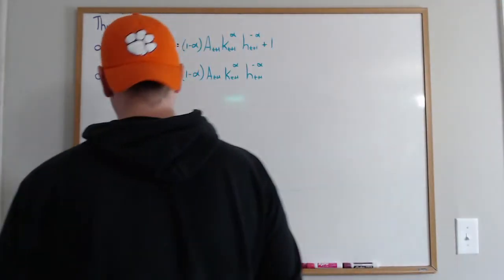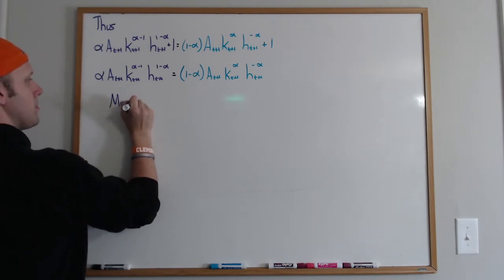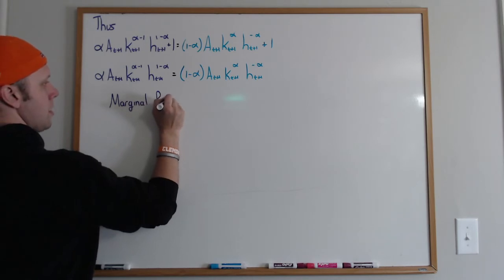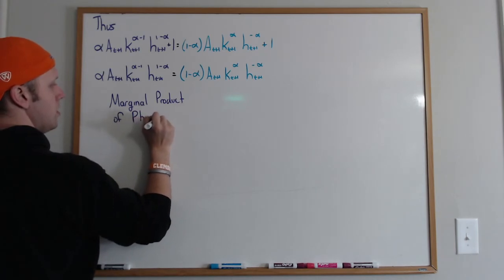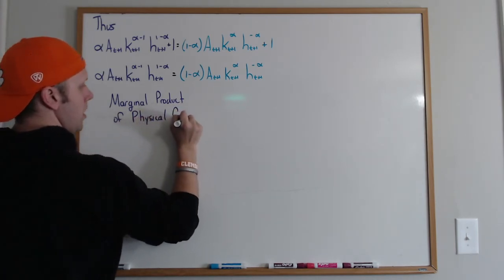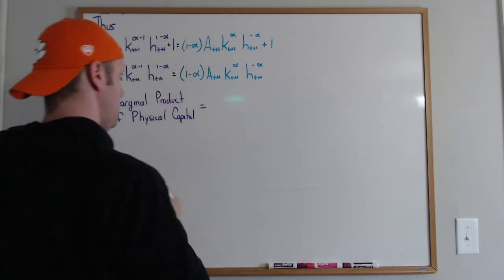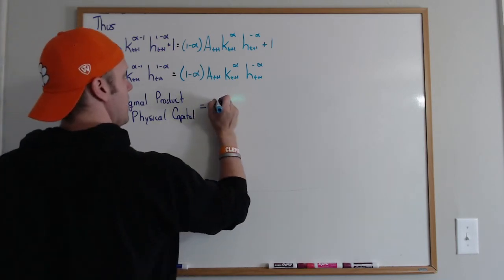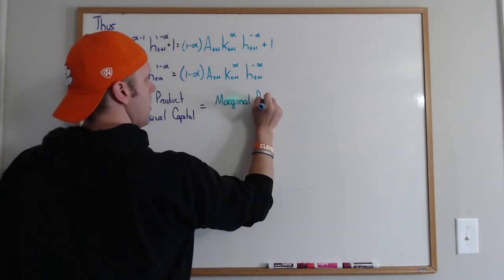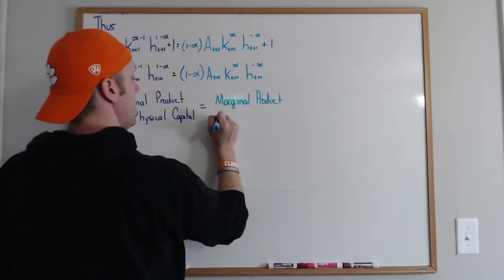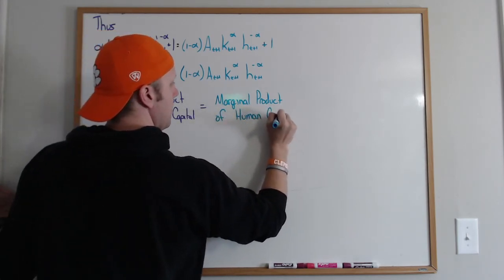So this means my marginal product of physical capital is equal to my marginal product of human capital.